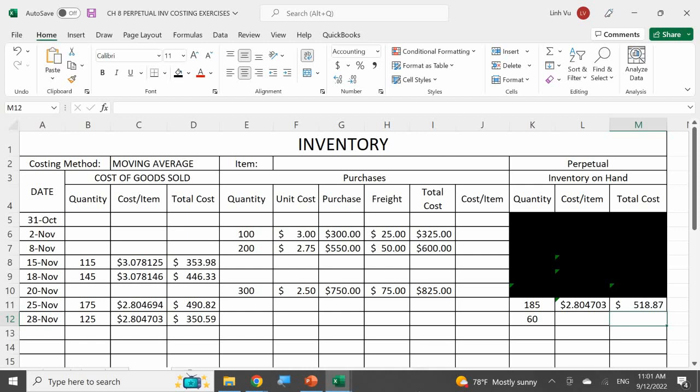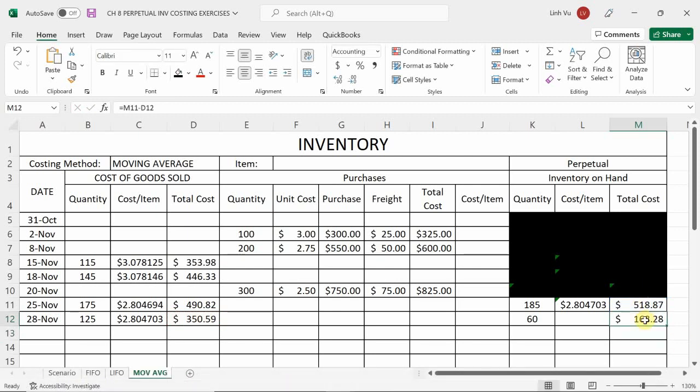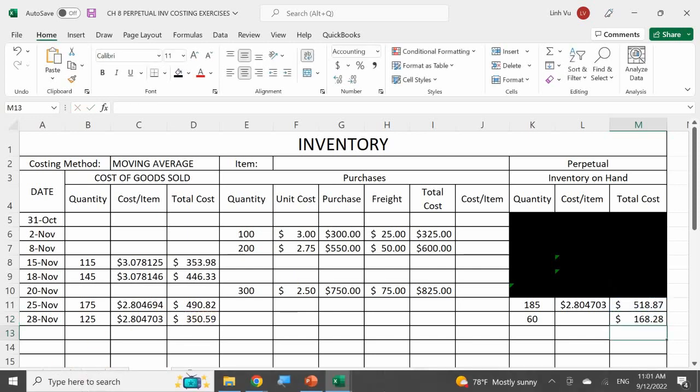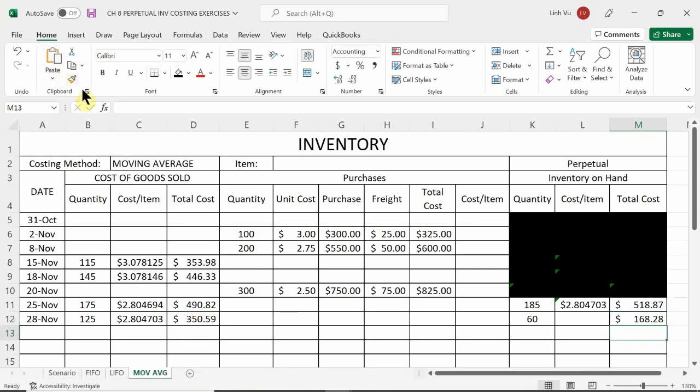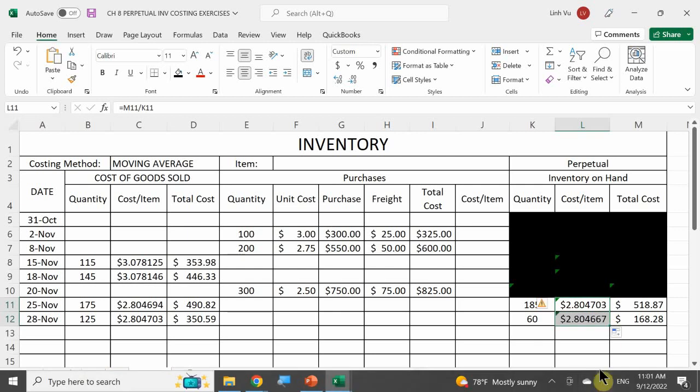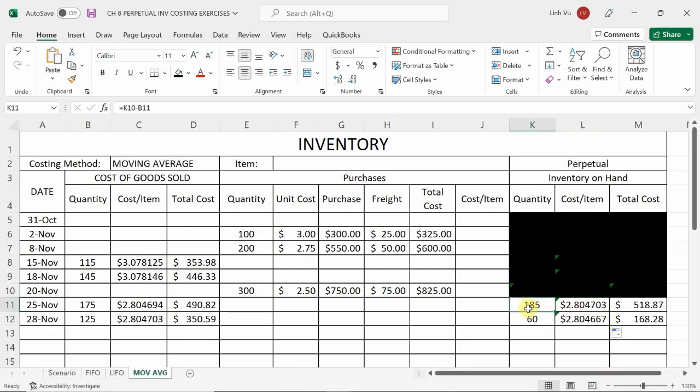At a total cost of what? $116.28. Making sure my number is correct. Okay, good. Leaving you to have a new average cost per item of 2.804667. Awesome.